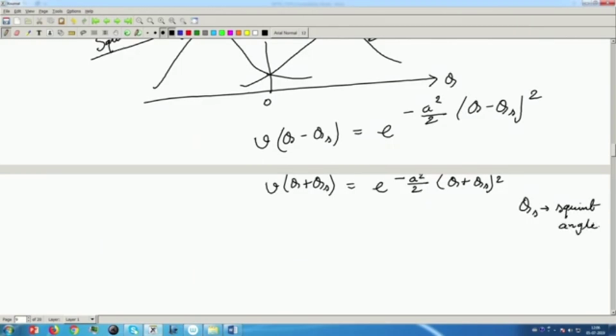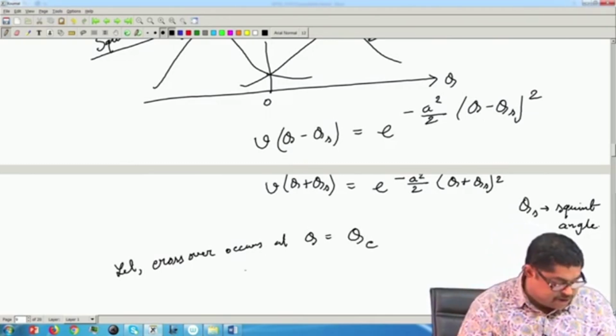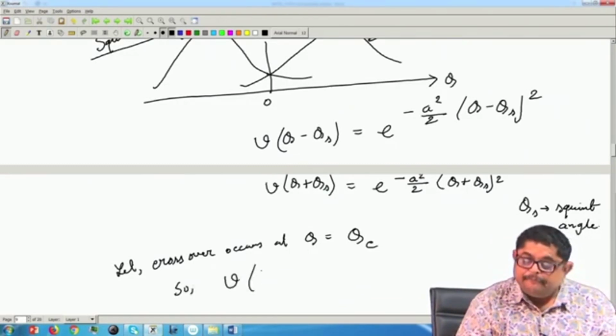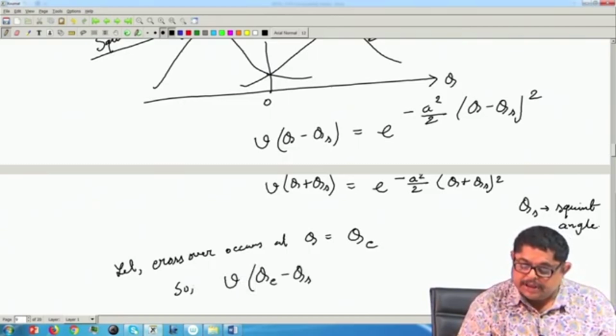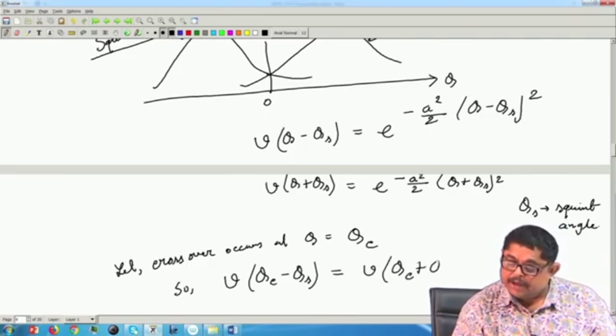as simple as that. Now, let crossover occur at theta is equal to theta c at such angle. Now, what is crossover? We know that the two squinted patterns are equal. So, we can say V theta c minus theta s will be equal to V theta c plus theta s.